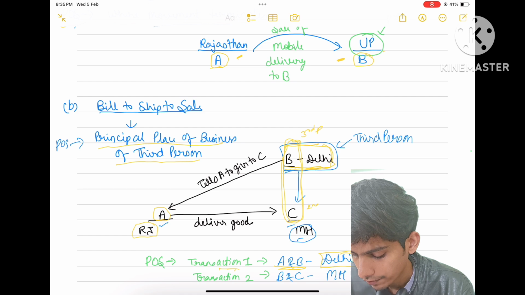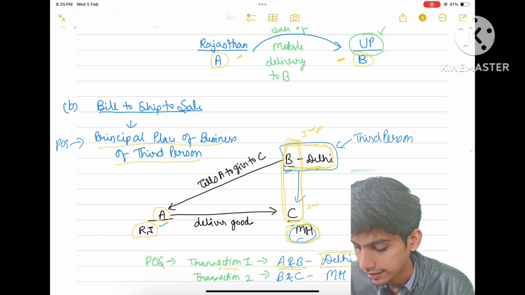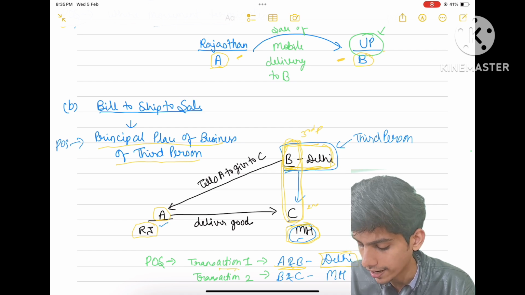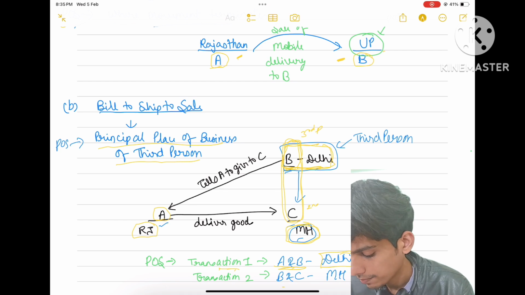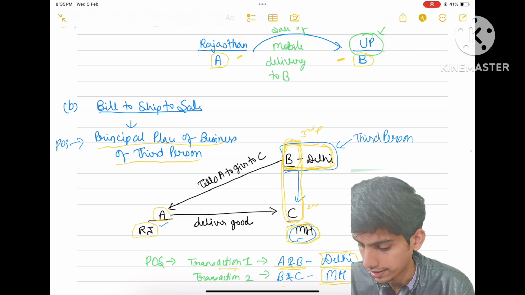Goods are moving from Rajasthan to Maharashtra. So movement is terminating at Maharashtra. So place of supply will be Maharashtra, and B's location is Delhi. So this will also be interstate supply, and IGST will be levied. So between B and C, the place of supply will be Maharashtra.